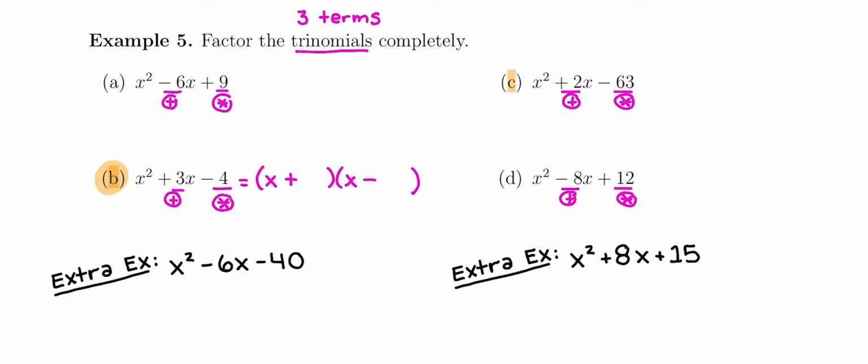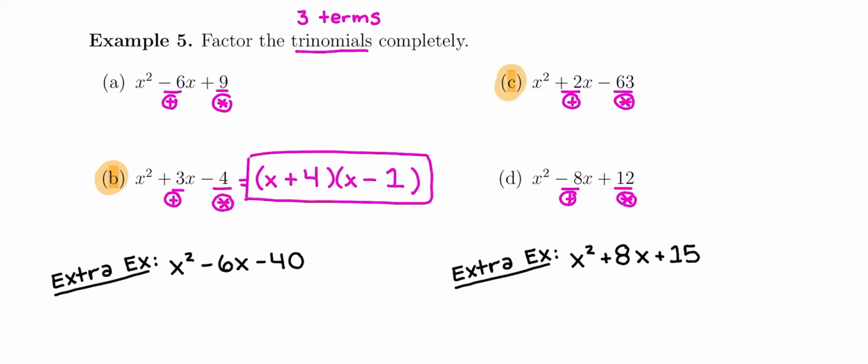So I want to add up to be a +3 though, so the bigger number must be the positive one. So 4 minus 1 gives me 3, and 4 times -1 gives me that -4. So I could multiply this back and check it. It does work out. We need x plus 4 times x minus 1.